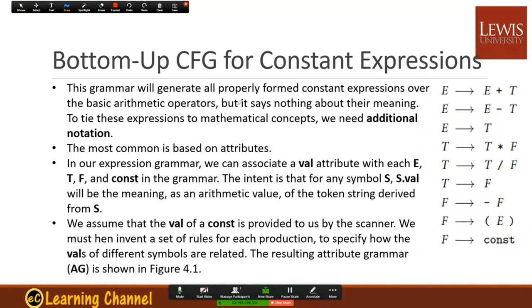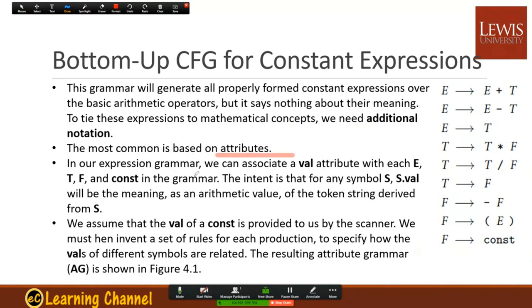So the grammar will generate properly formed constant expressions over the basic arithmetic operators, and it says nothing about their meaning. To tie the expression to mathematical concepts, we need additional notation. So here we have this context-free grammar, and it's undecorated. We can generate a tree like I just wrote, but we now need to actually add the attribute.